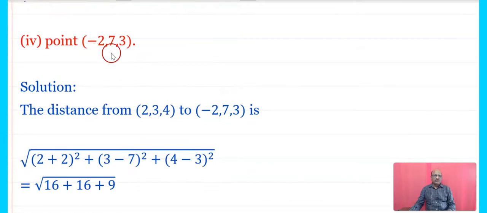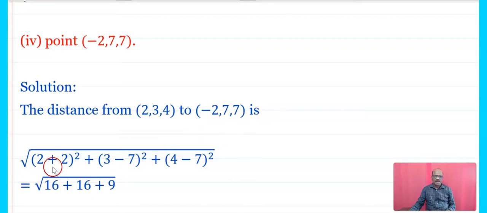Point minus 2, 7, 3. Apply here. The point is minus 2, 7 and 7. The distance from 2, 3, 4 to minus 2, 7, 7 is, and make correction some.